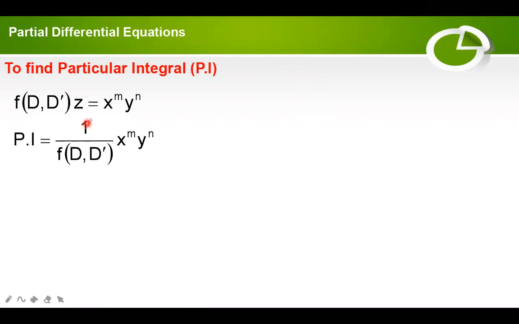We have already studied the case of f of D of y equal to x raised to m.